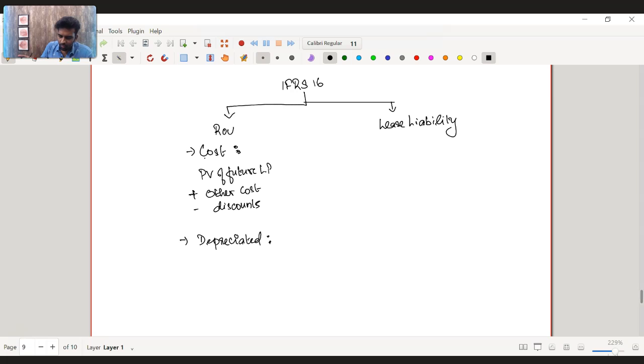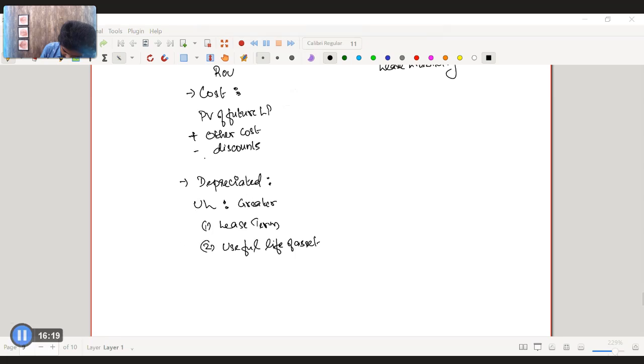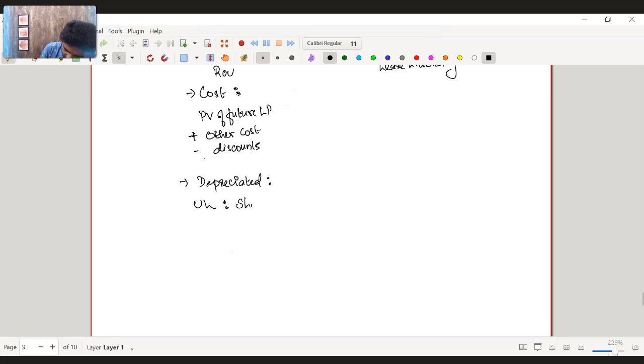What will be the useful life? It is depreciated over a useful life which is the shorter of the lease term or the actual useful life of the asset.